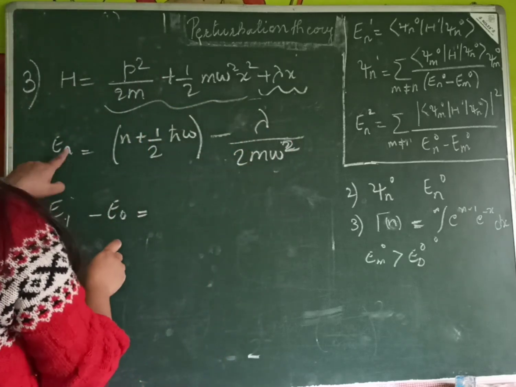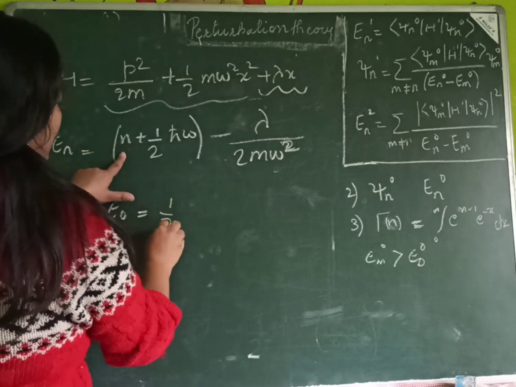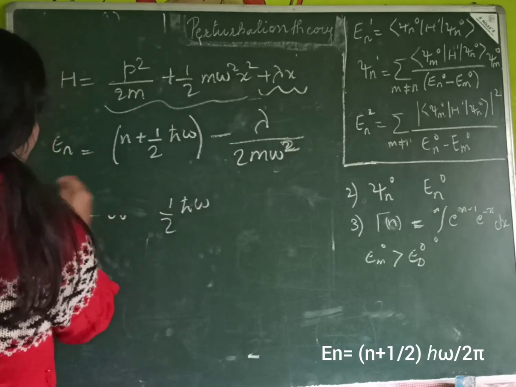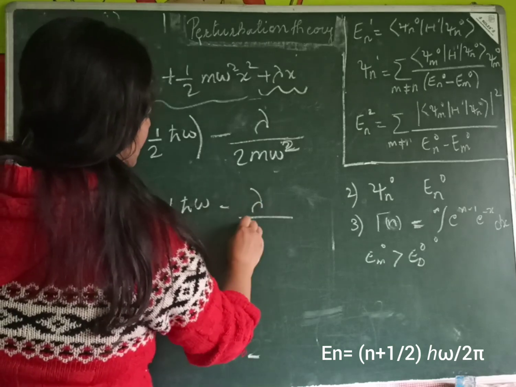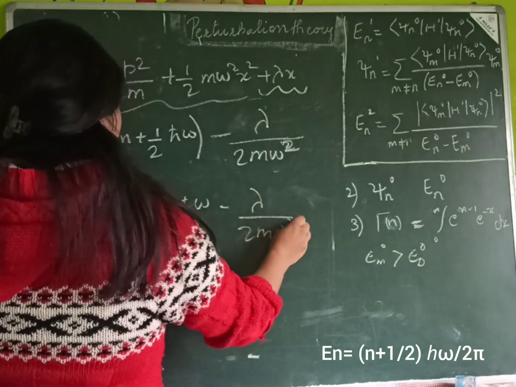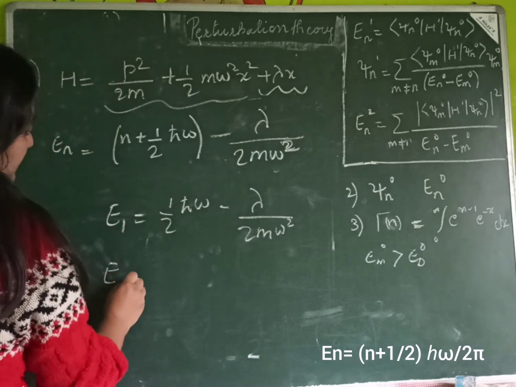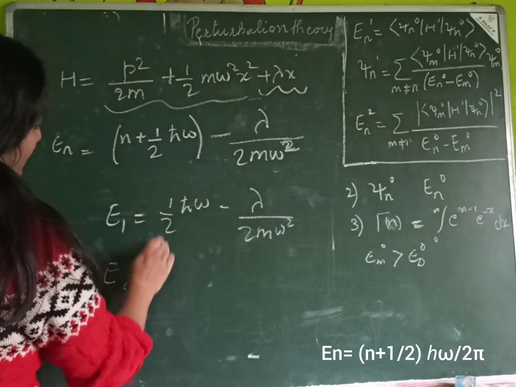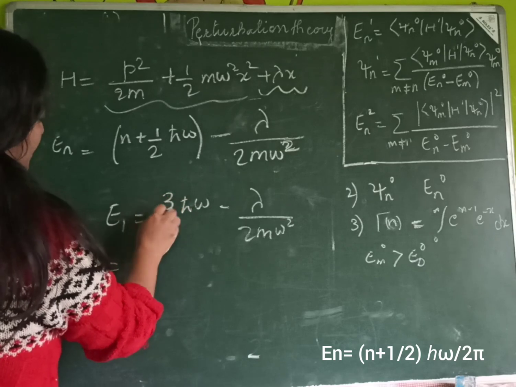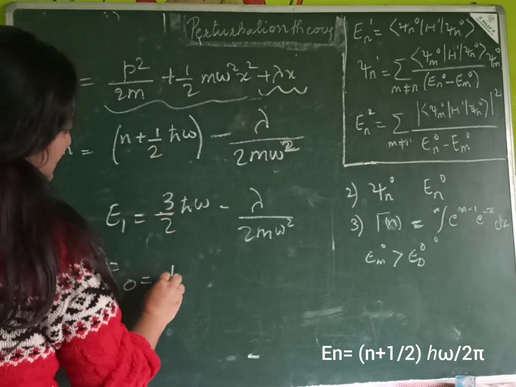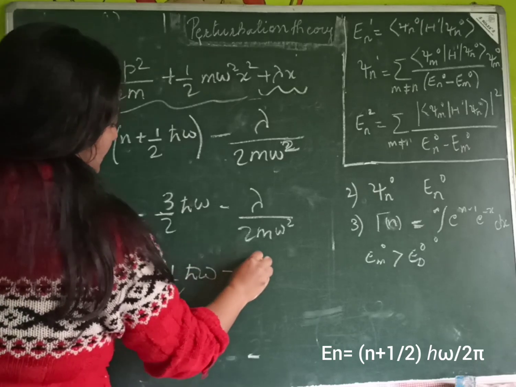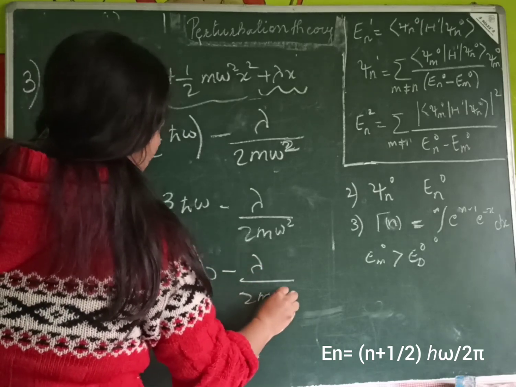Now E1 here is 3 by 2 h cut omega minus lambda square by twice m omega square, right? Because for E1, 1 plus half is 3 by 2. And E0 is half h cut omega minus lambda square by twice m omega square.